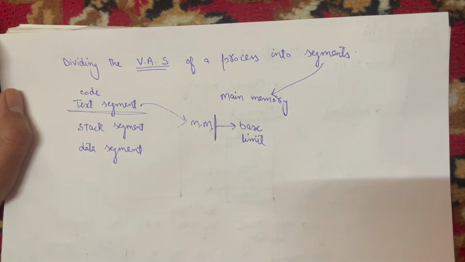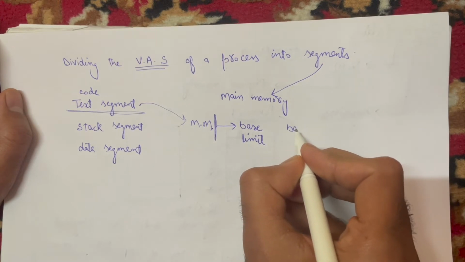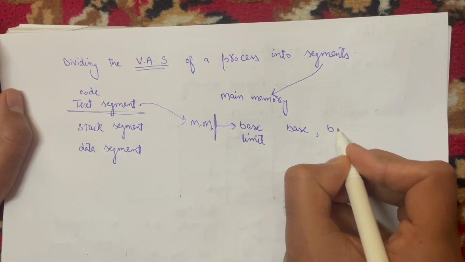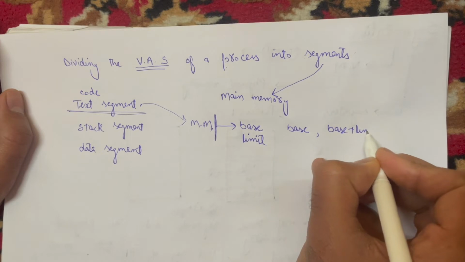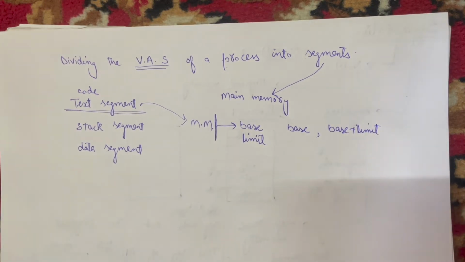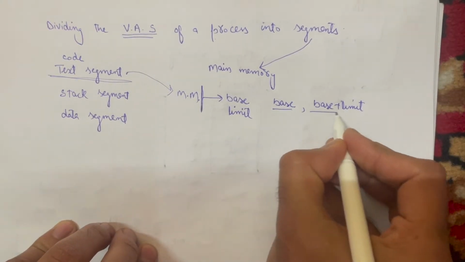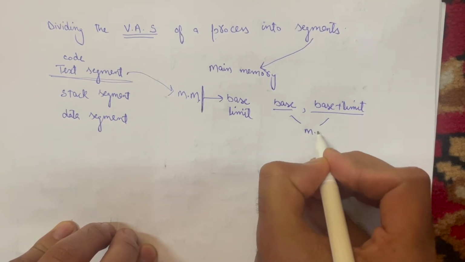Base and limit. So the starting address will be base and the ending address will be base plus limit in main memory. So these are the addresses of main memory.